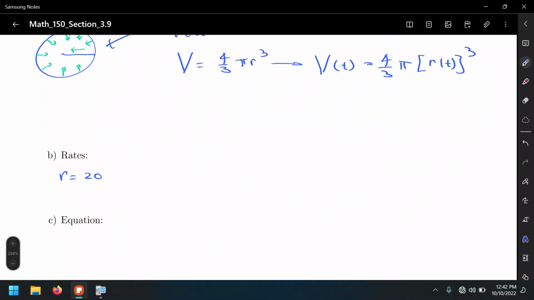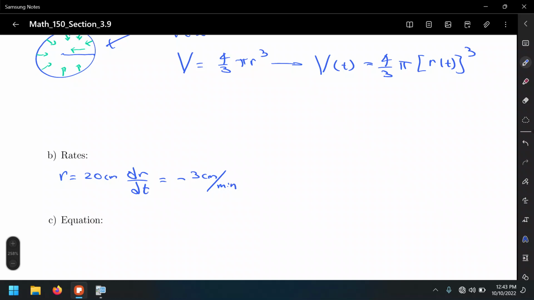Notice the wording here, because dr/dt, which is the rate of change of the radius with respect to time, so that's centimeters, negative 3 centimeters per minute. In this case, the wording will make a difference on the signs that we're going to use for some of the pieces of information.